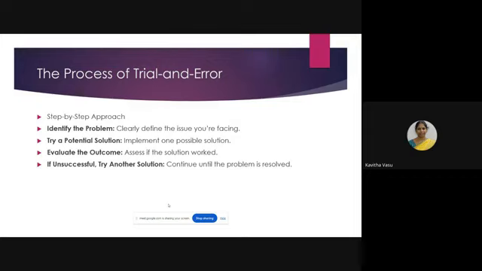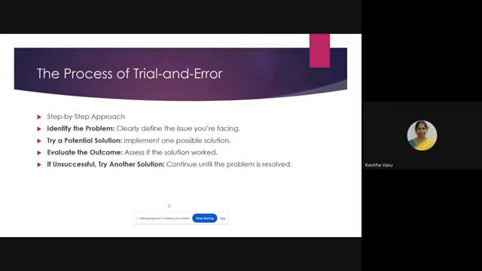The outcome is what we expected; if we get the expected result, the solution was successful. Likewise, we have to evaluate and analyze the problem. Then if the solution didn't work, try another one until the problem is resolved.